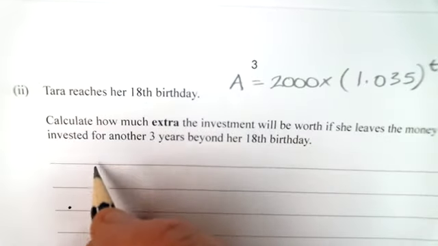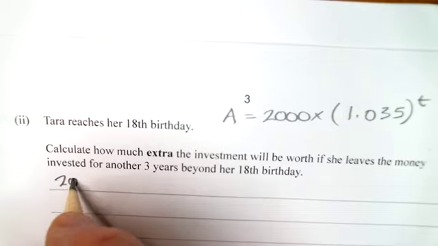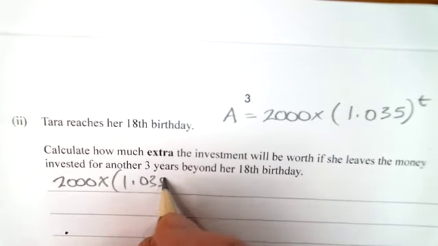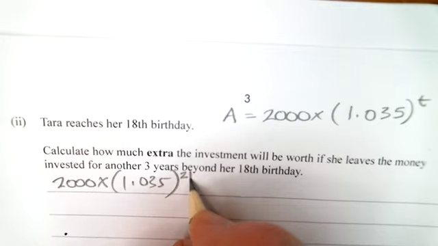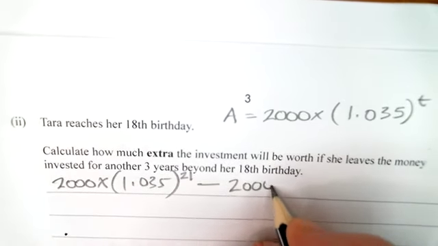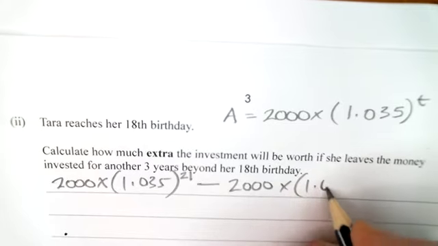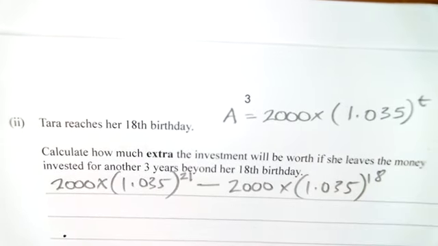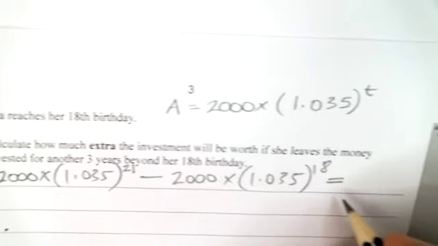So we've got 2,000 times 1.035 to the power of 21, and we're going to subtract from that 2,000 times 1.035 to the power of 18. And that should give us our answer. That should be the extra investment.